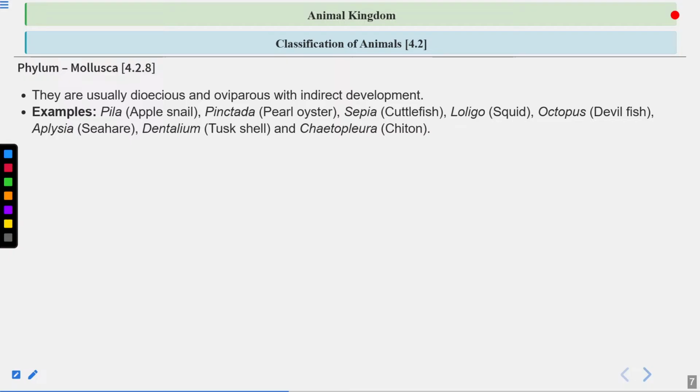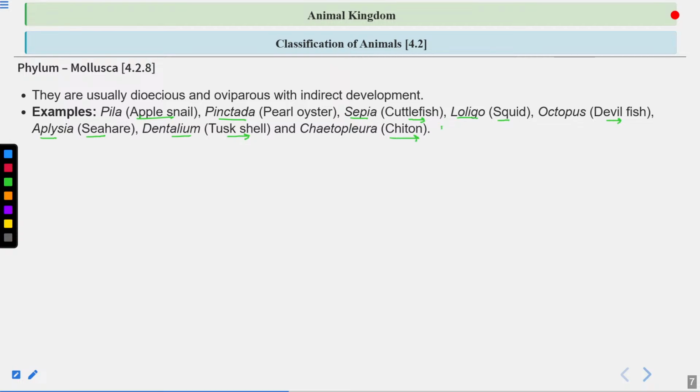Examples are Pila, which is known as the apple snail, then Pinctada, which is known as the pearl oyster, then Sepia, which is known as the cuttlefish, Loligo, which is known as squid, Octopus, which is also known as devilfish, Aplysia, which is known as the sea hare, Dentalium, which is known as tusk shell, Chaetopleura, which is known as the chiton.